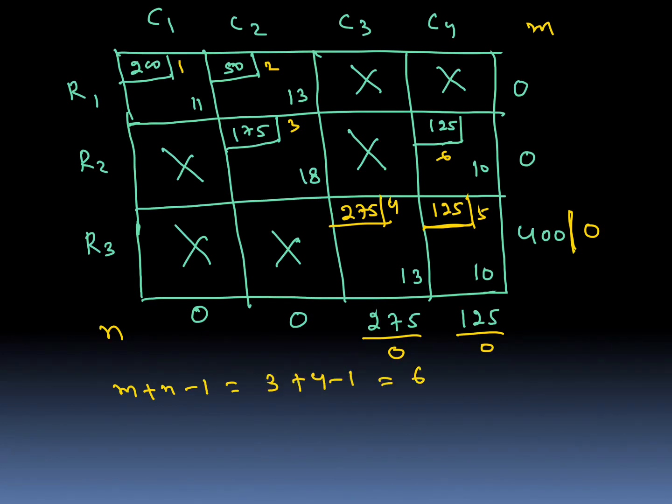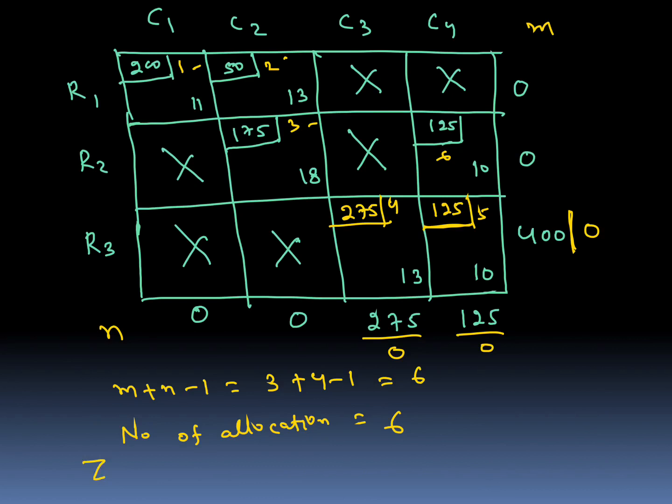And the number of allocations is 1, 2, 3, like this up to 6. So our solution is non-degenerate. Then Z we have to calculate.